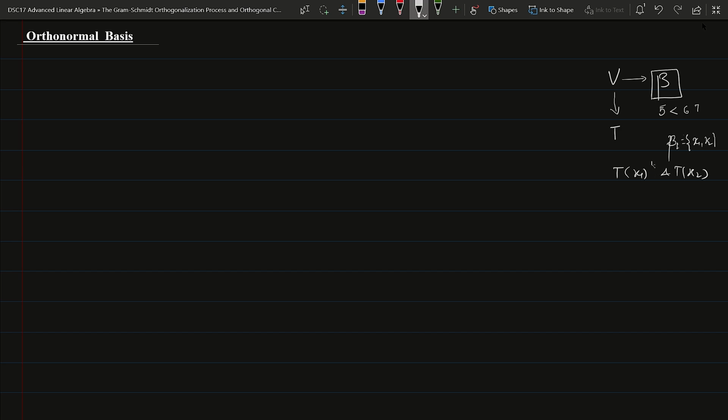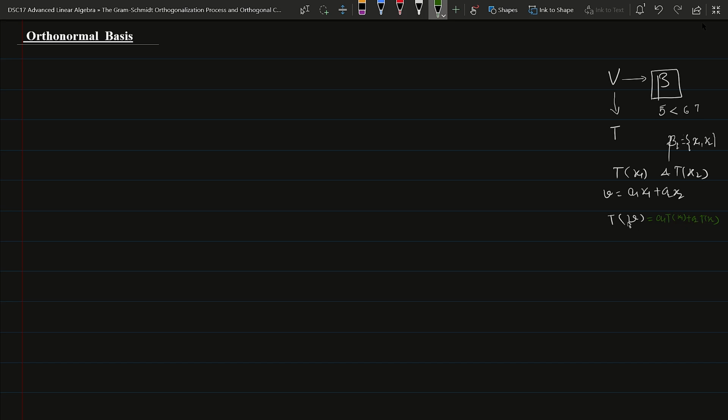ओके, we know कि हर एक एलिमेंट V का x1 और x2 के लीनियर कॉम्बिनेशन में लिखा जा सकता है. So the moment you have some v that is a1 x1 plus a2 x2, then you can always represent this T of v. That means image of this v, T image of this v is a1 times T of x1 plus a2 times T of x2.